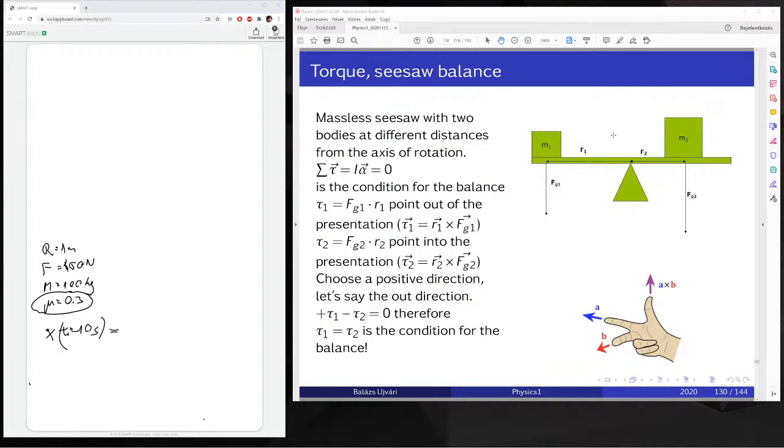A seesaw plus a cylinder, a rolling cylinder. So, do you want to have two questions in test 2?